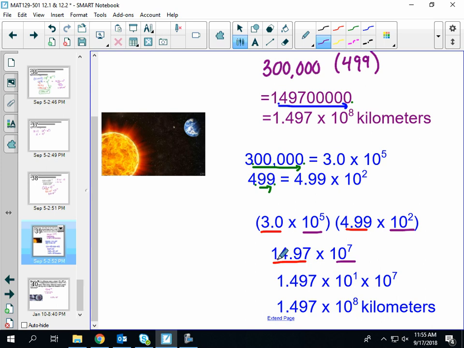So we need our decimal point to be between the 1 and the 4. So to go from our new decimal point to our old decimal point, we need to go 1 space to the right. So that's where that 10 to the 1st power comes from. When we combine these, because when we multiply, we add those exponents, we end up with that same final answer, 1.497 times 10 to the 8 kilometers.